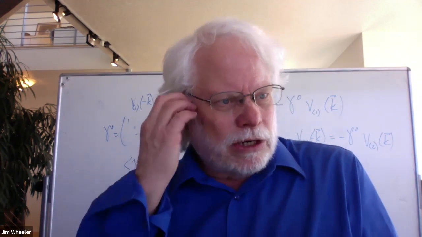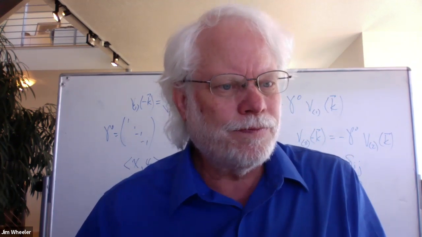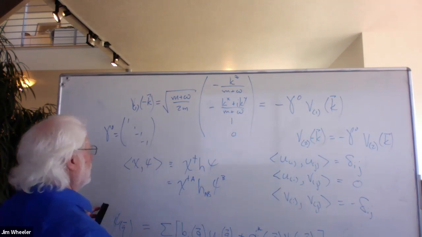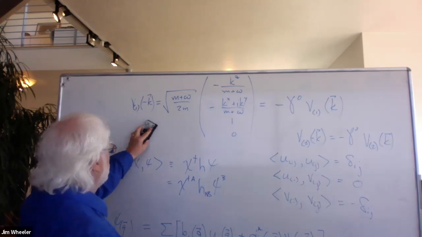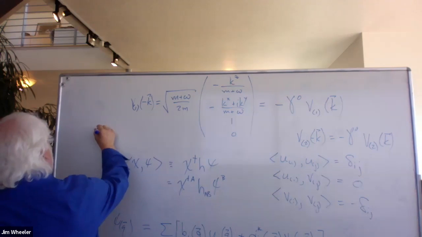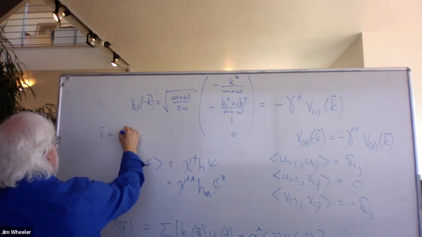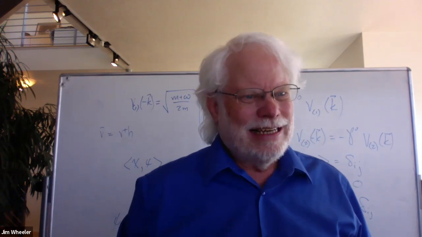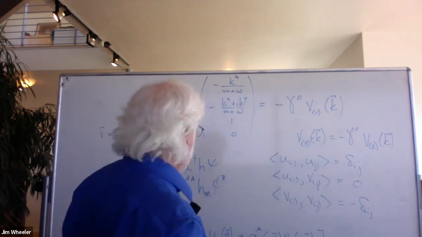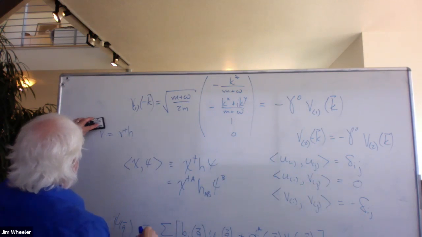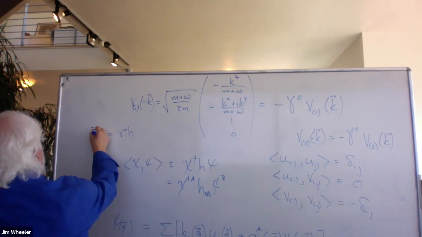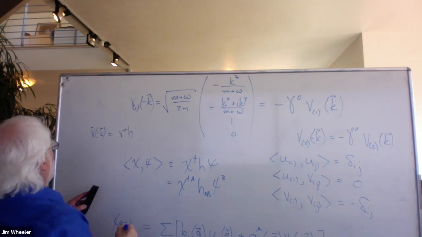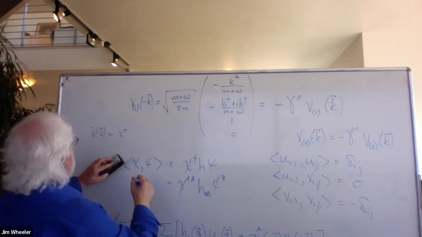Okay, we also are going to need v bar, but that's not too hard. So v bar is v dagger h, and we're going to have v bar at minus k, so that's a v dagger of minus k.